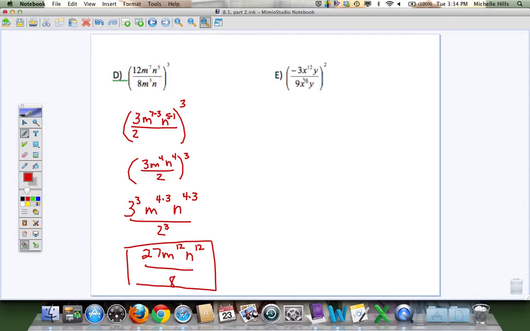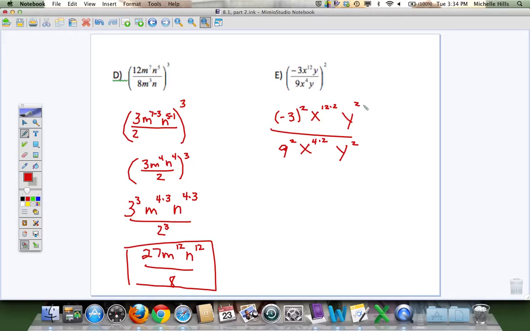Whereas here, if I square before I reduce, we're going to see what happens. If I square everything in here, that's -3 squared, x to the 12 times 2, and then y squared over 9 squared x to the 4 times 2, y squared.